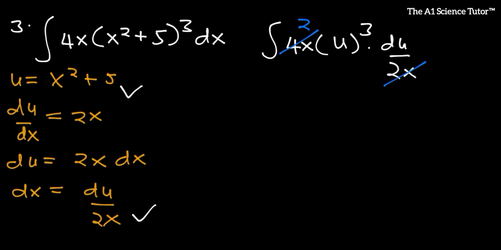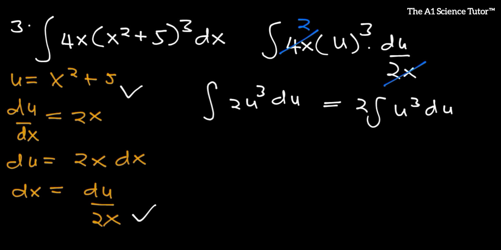So basically what we have left is 2 multiplied by u to the third du right there. So this would actually change and be expressed as 2 integral u to the third du. So we need to solve this.